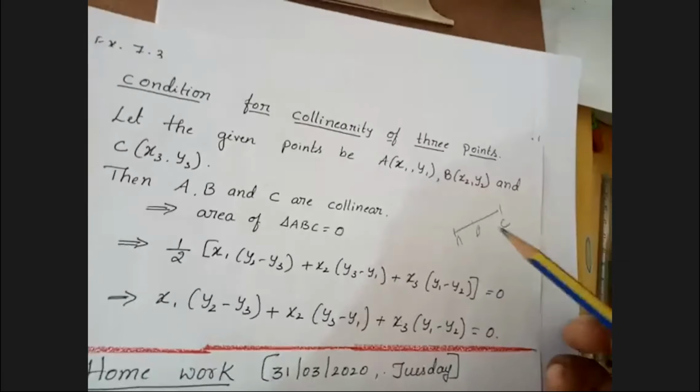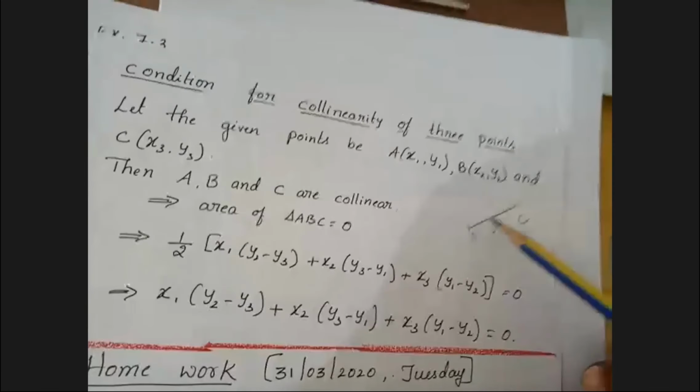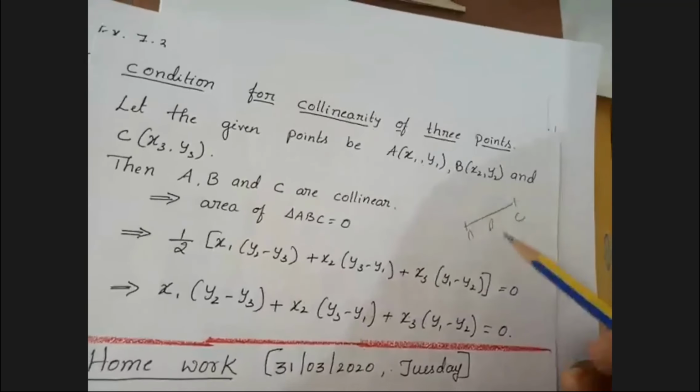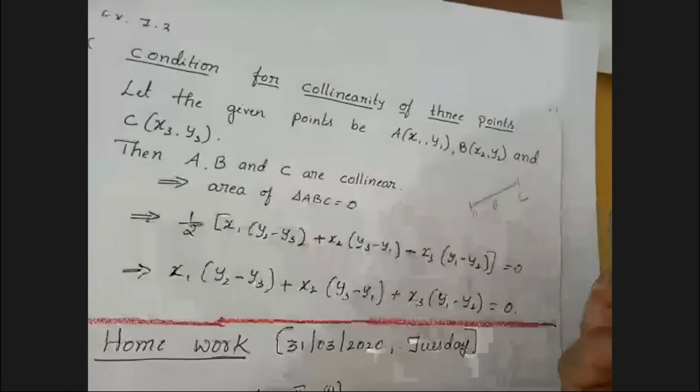Yes, the area will be 0. If all the 3 vertices are collinear, then the area will become 0, because we can't form a triangle. So there is no triangle, there is no area. So the area will become directly 0.